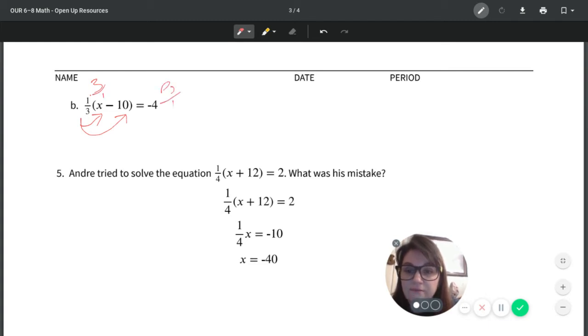And we can do that first. So that will get rid of this part altogether and leave us with x minus 10 equals, and this is negative 3. It doesn't look like it. Negative 4 times negative 3 is 12.